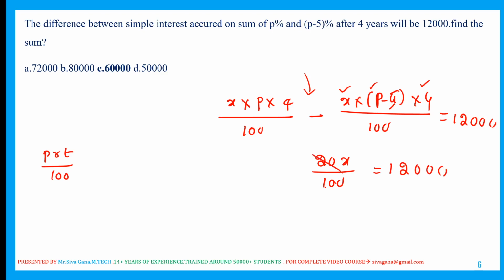So x is equal to 60,000. X is nothing but the principal or the sum.